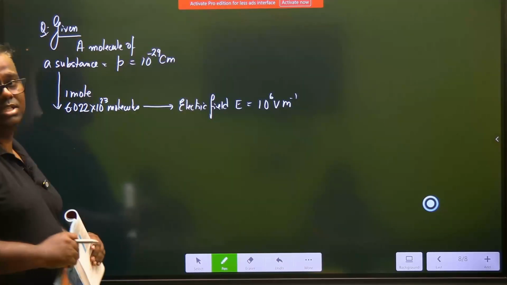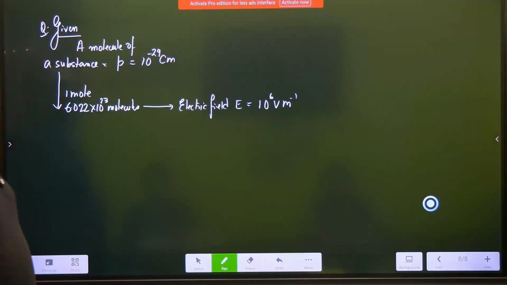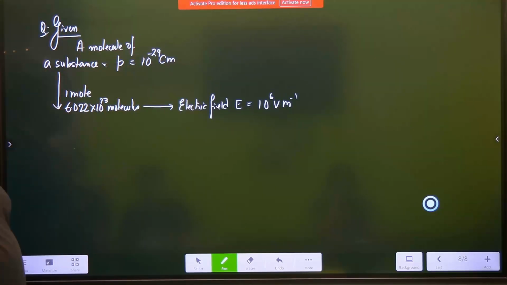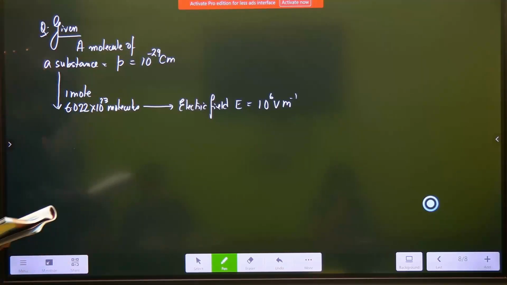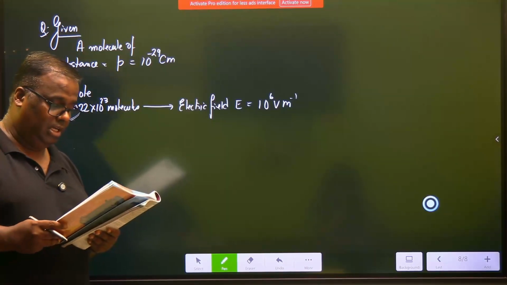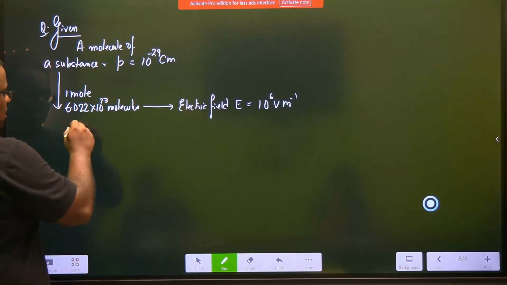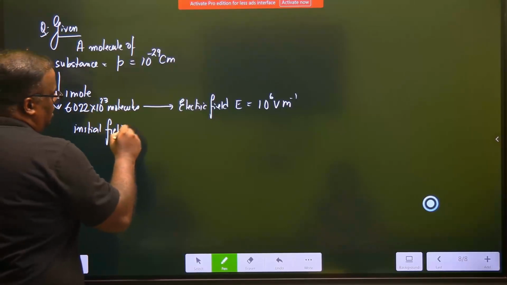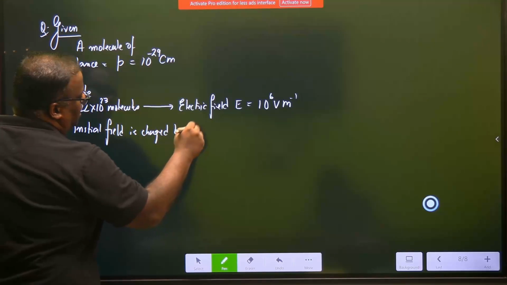See, it is exactly E is equal to V by L. Did you understand? This is a substance whose dipole moment is this much. You took 1 mole and you subjected them to this much electric field. Basically, this is called polarizing. You polarize them. Initial field is suddenly changed by an angle of 60 degrees.